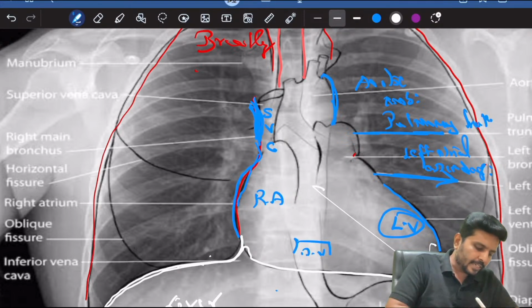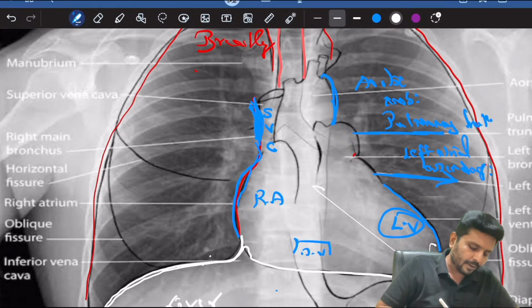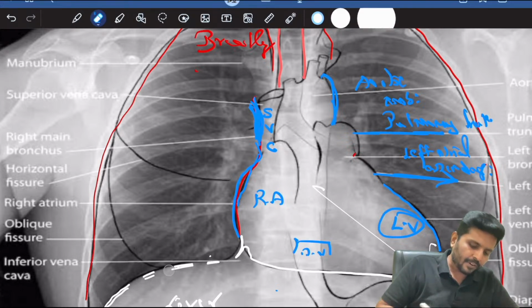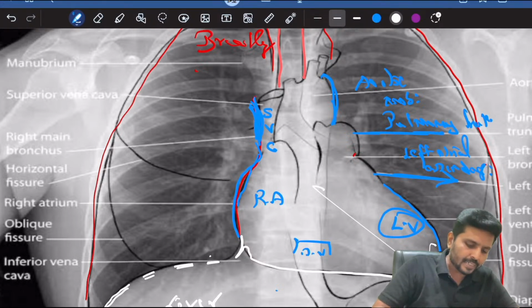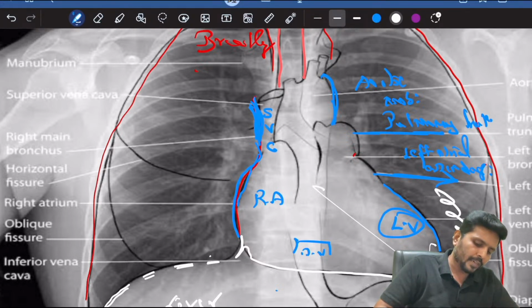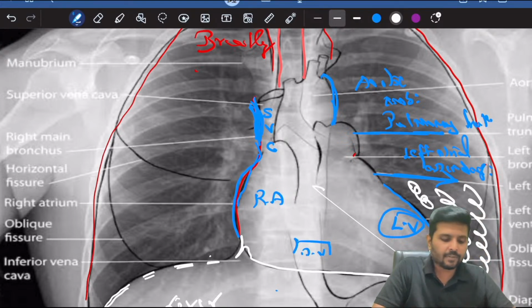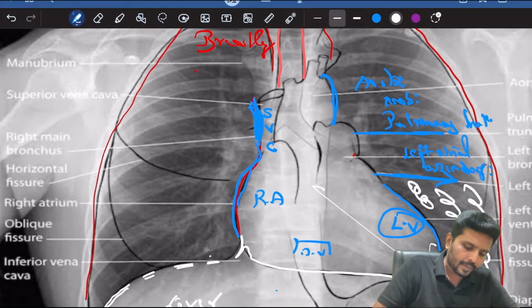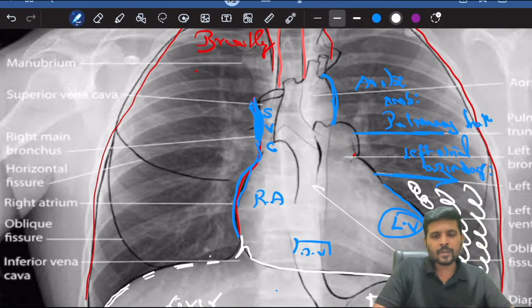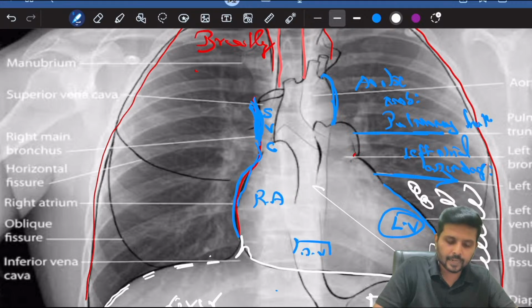Whenever your diaphragm is irregular, particularly on the left side, what will happen? Your intestinal shadows will come out of the abdominal cavity into the chest, producing your congenital diaphragmatic hernia.